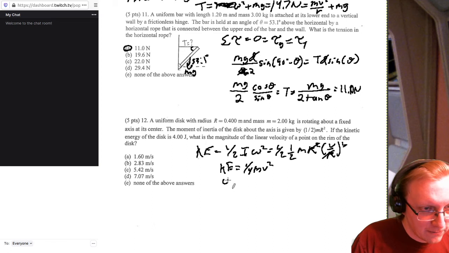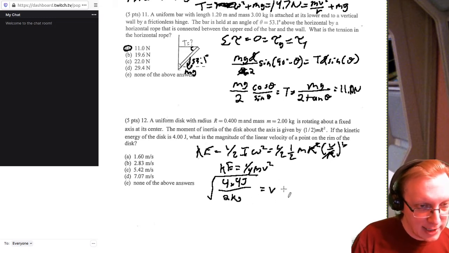So we end up with 4 kinetic energy, 4 joules, divided by a mass of 2 kilograms, square rooted is equal to something. Is equal to v. So 16 divided by 2 is 8. So this is exactly equal to square root of 8 meters per second.